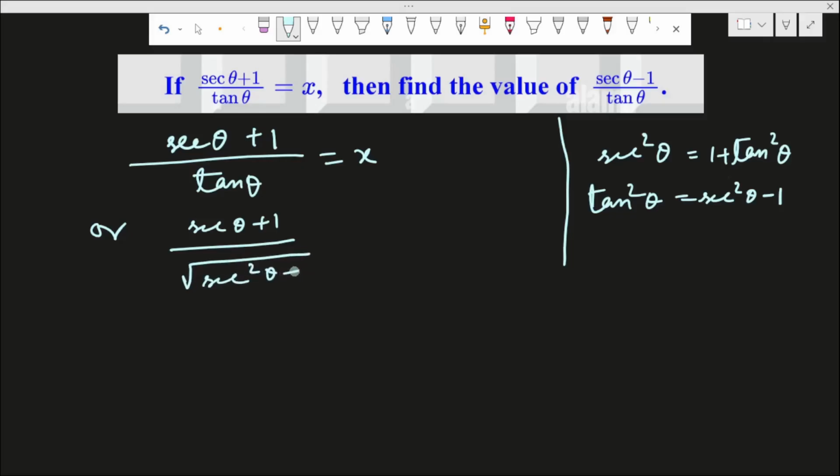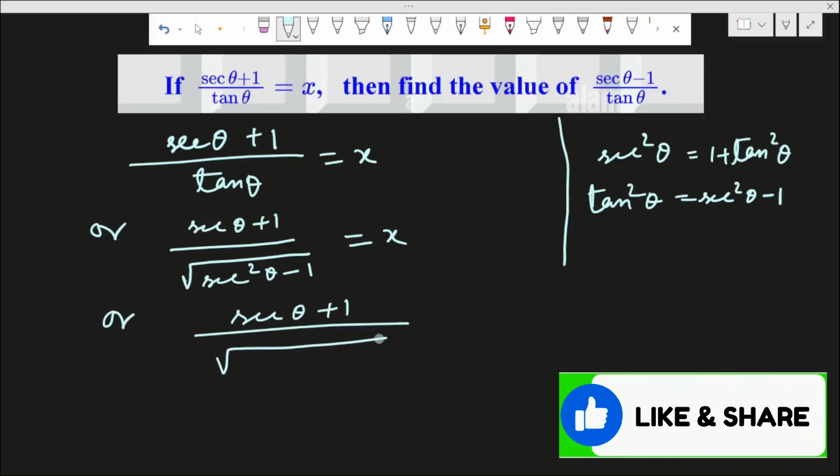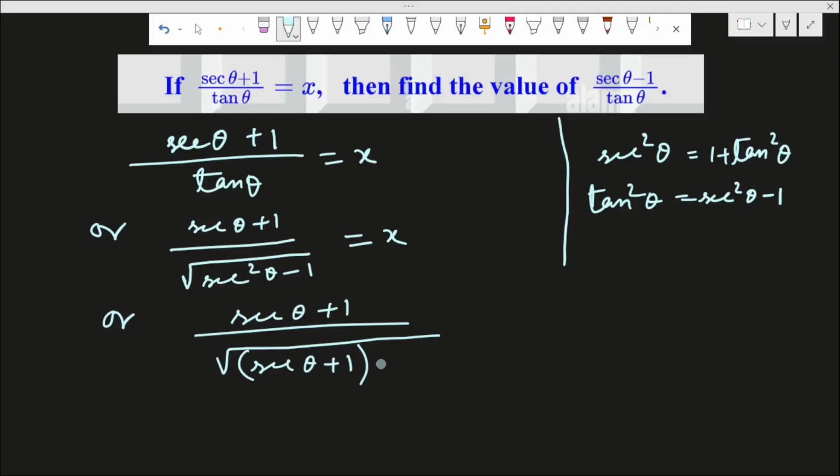sec square theta minus 1. So, tan square theta is equal to the right hand side as it is. Factorize the denominator using the a square minus b square formula: sec theta plus 1 and sec theta minus 1.